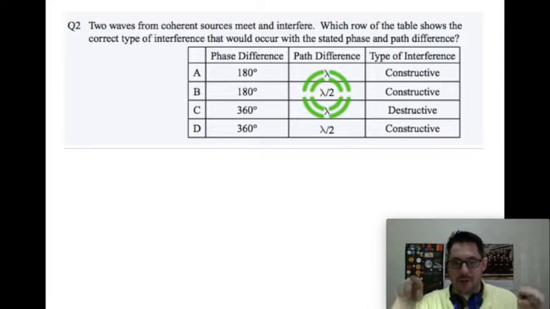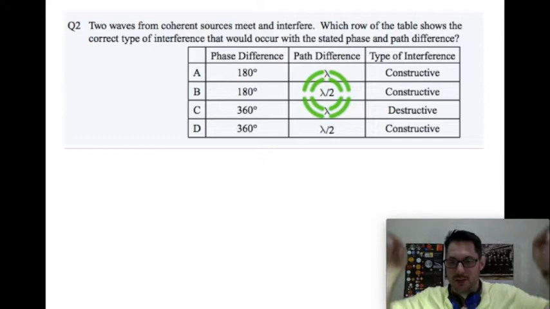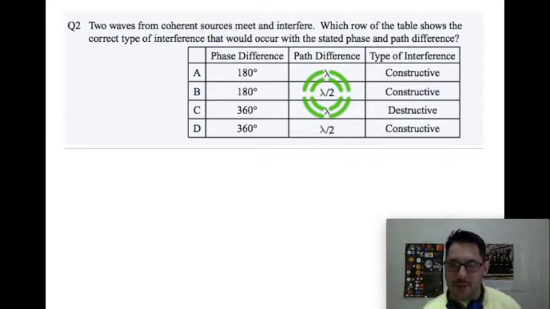Now, if initially they were 180 degrees, so they were doing this, we've got to consider that there's another phase difference of half a wavelength, so that brings both of them into phase. So now they're doing this. Now we've got constructive interference. So this one is correct.